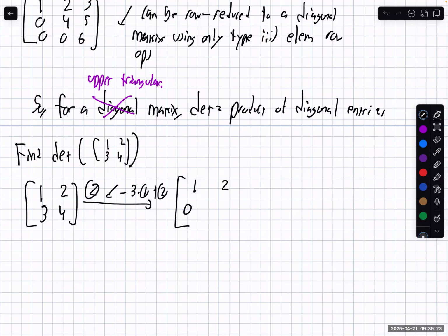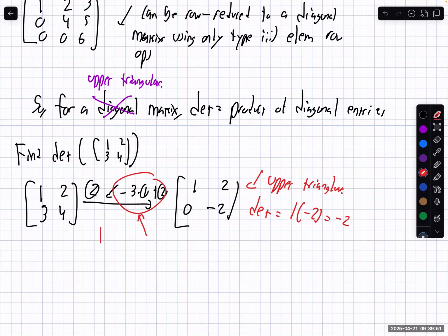And this is -2. Okay, this is upper triangular. So the determinant is 1 times -2, which is -2.